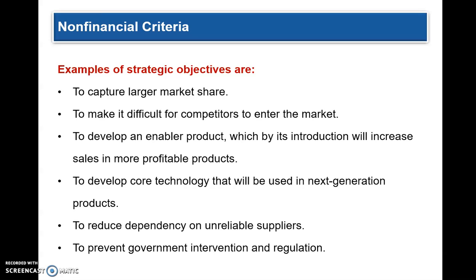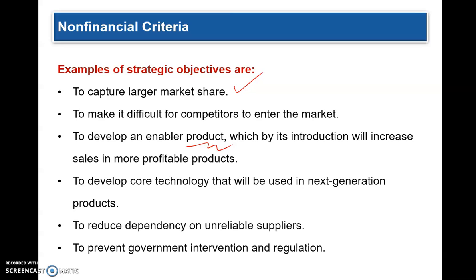The examples of strategic objectives are to capture a larger market share, to make it difficult for competitors because that's where you get the competitive edge, to develop an enabler product so that you will have more profitable products and your company will be more profitable.